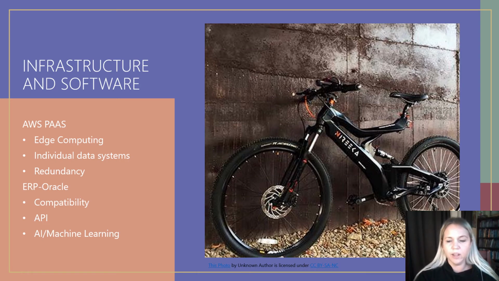For the software in our application, I looked at ERP through Oracle. It's cohesive and it also has AI and machine learning. It really makes the data that is being stored create predictable trends and allows you to react to your business very quickly.